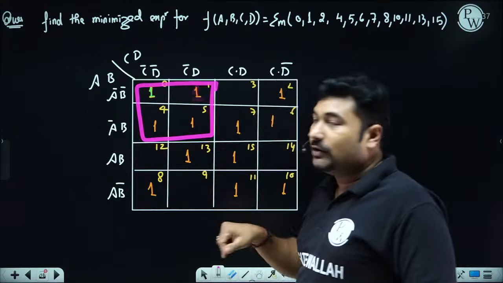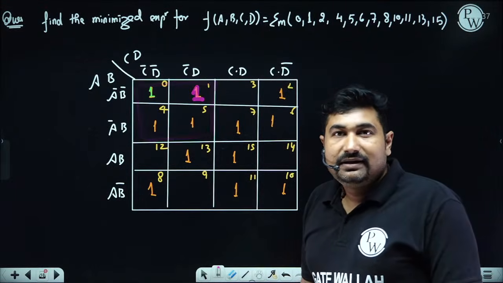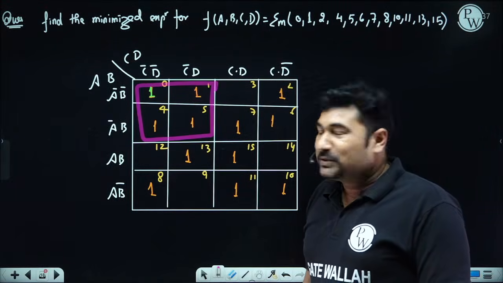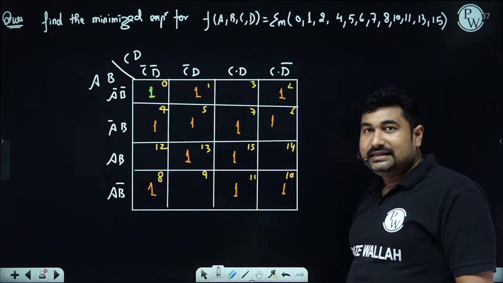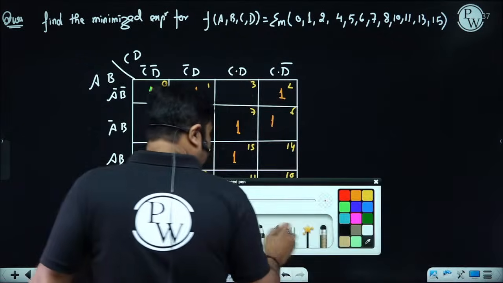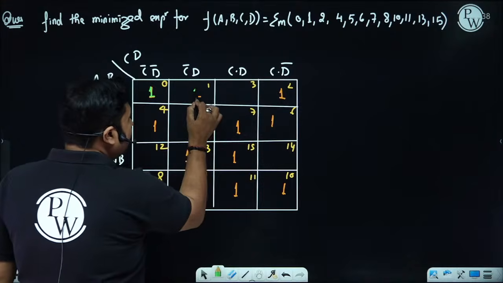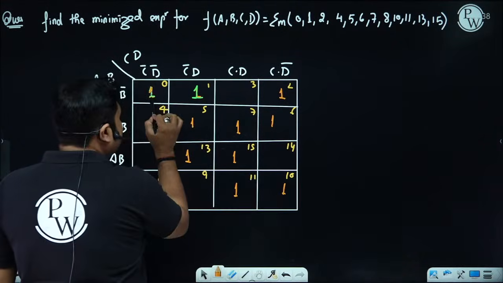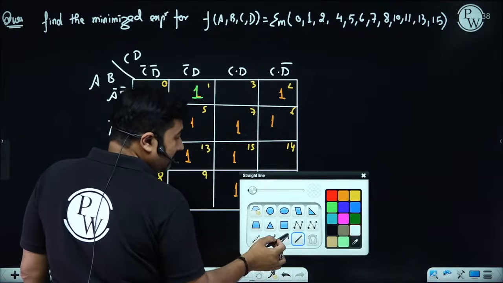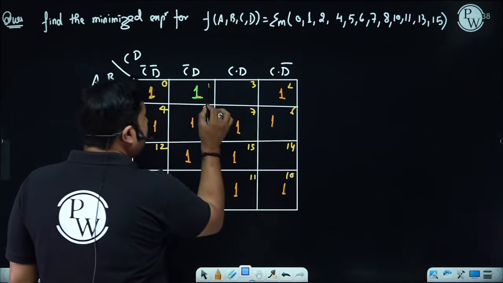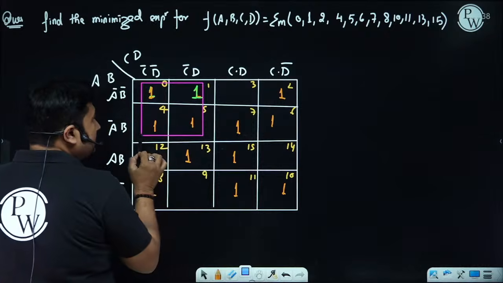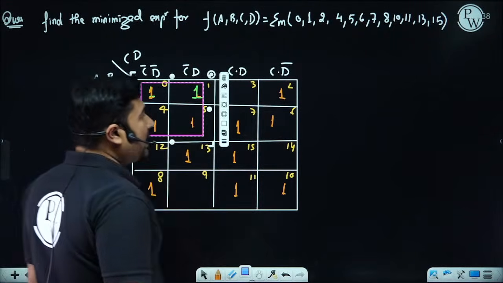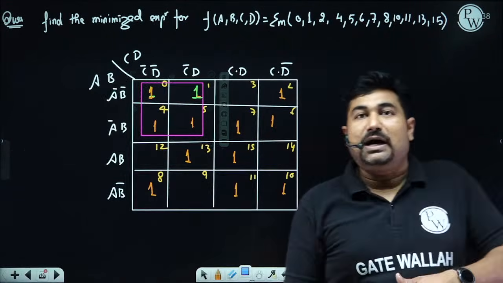How many of you now able to understand, beta ji? Yes, sir. So because of the logic level present at 1, this chord will become an EPI, essential prime implicant, because this one is only part of this chord. It is not going to be part of any other chord.